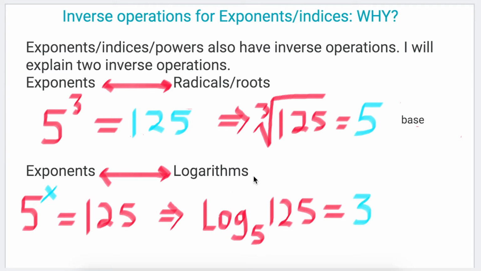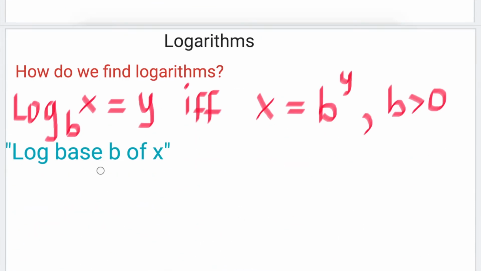What this means is if you take 5 to the power of 3, you're going to get 125. Whenever you use logarithms, you're actually looking for an exponent. This is a really important distinction between radicals and logarithms. So logarithms are the inverse of exponents, or logarithms are actually exponents in that you're looking for the exponent of that exponential function.